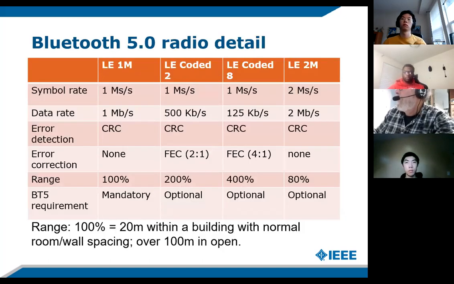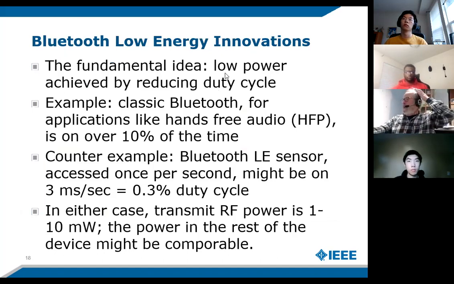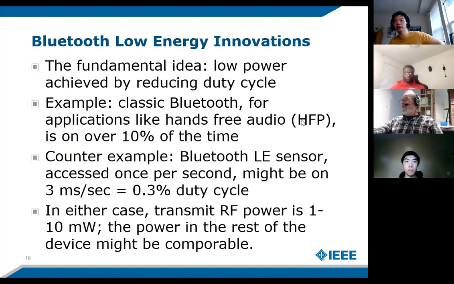I'm going to come back to this because this is the 5.0 radio in detail. But here's the basic innovation for low energy. We want low power achieved by reducing the duty cycle. So classic Bluetooth hands-free profile, even though it's taking full duplex audio and compressing it to, let's say, 64 kilobits each direction, right?